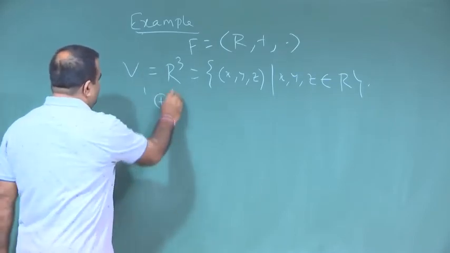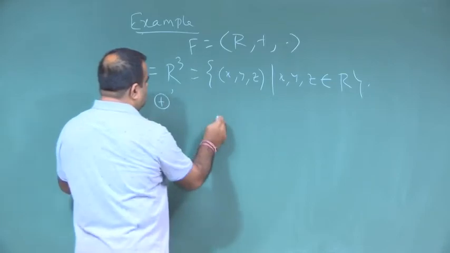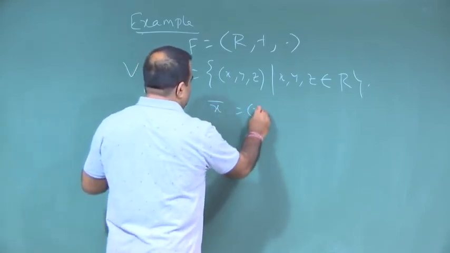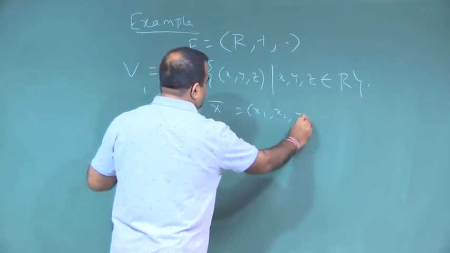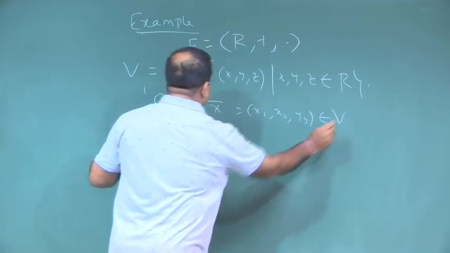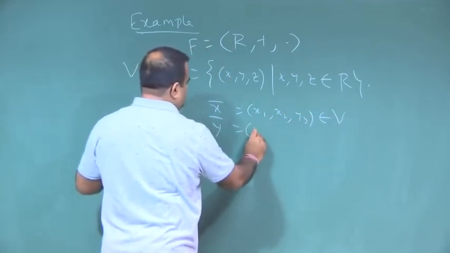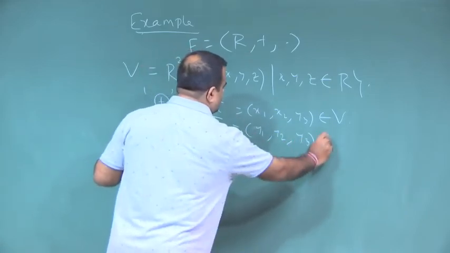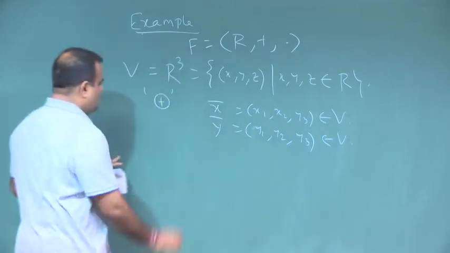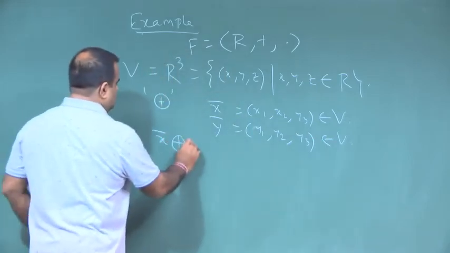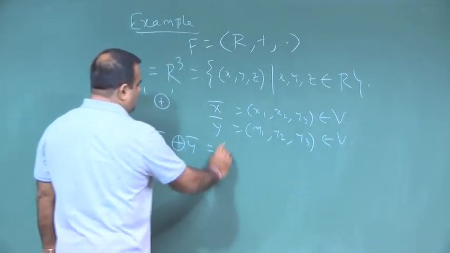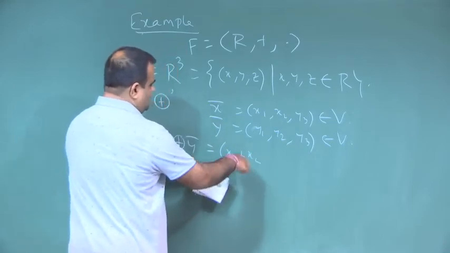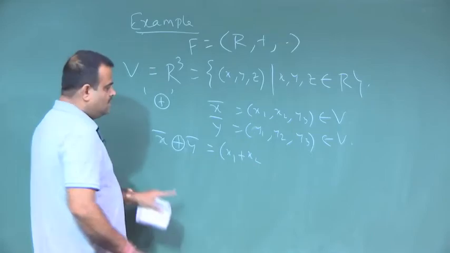So, how to define vector addition? We can take two vectors, say x vector, which is x1, x2, x3 from V, and y vector, which is y1, y2, y3 from V. Now, we can define this by simply x1 plus y1, x2 plus y2, x3 plus y3. These pluses are the field plus, because these are field elements.